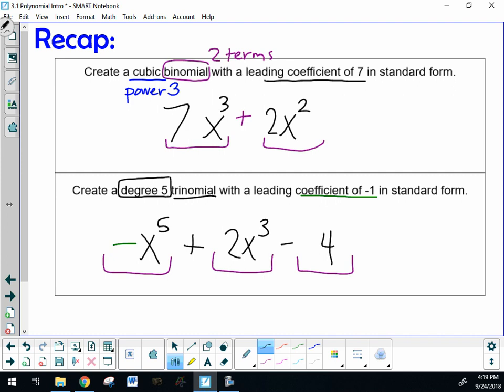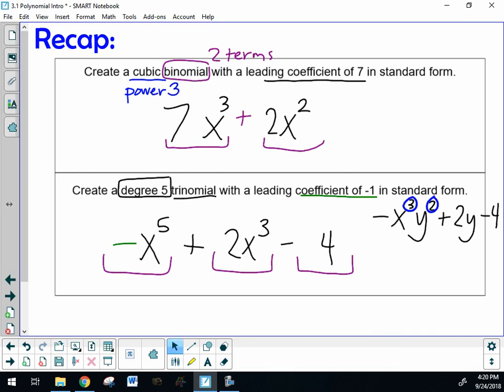Again, you could pick pretty much anything for those last 2 terms as long as it wasn't higher than x to the 5th. Now, if you were feeling really crazy, you could even have something like this, where your degree 5 comes from multiple variables. Okay.